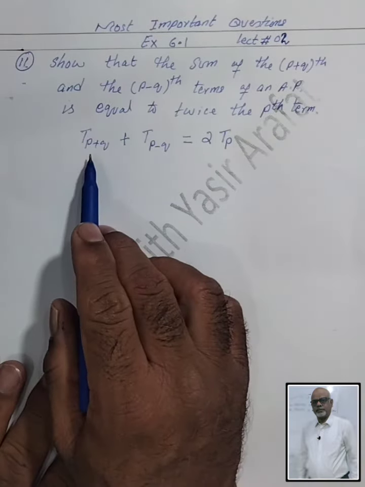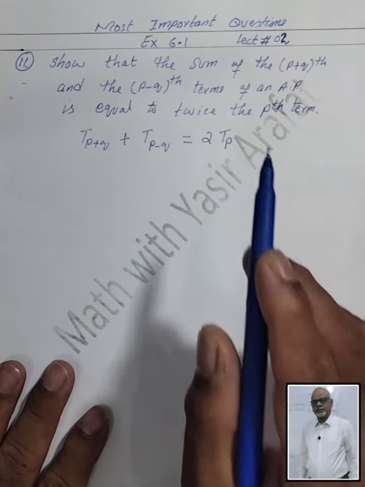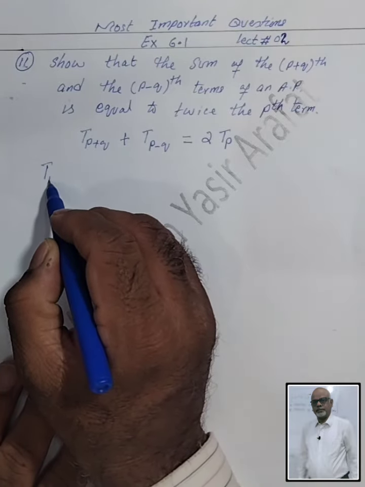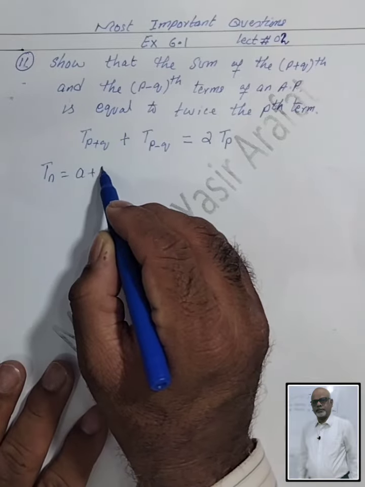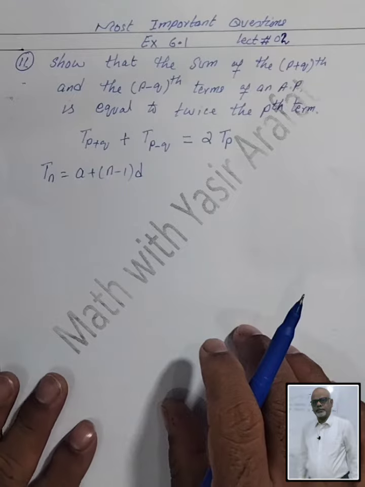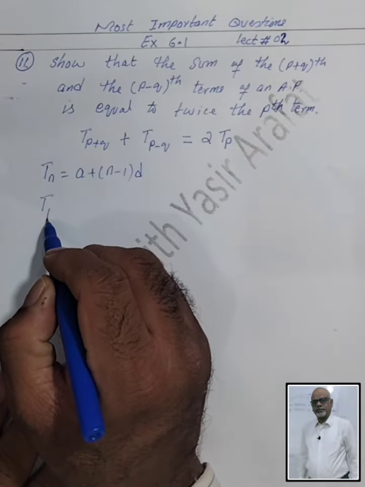So first we have to find out the values of T(p+q), T(p-q), and then T(p). We have a formula: Tn is equal to a plus (n minus 1) into d.